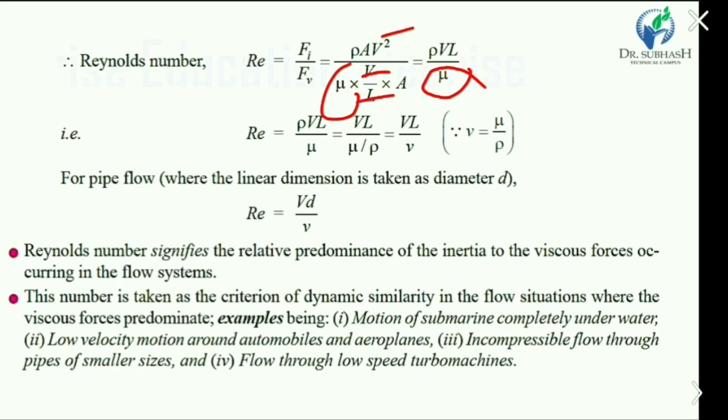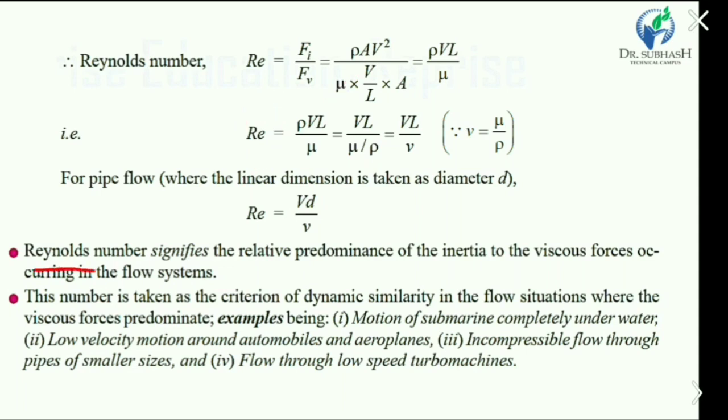So this is the final equation of the Reynolds number: rho V L by mu. In the case of a pipe, L is replaced by D, the diameter of the pipe. So in the case of a pipe, the Reynolds number is defined by rho V D by mu.